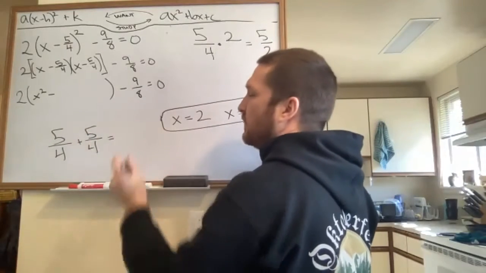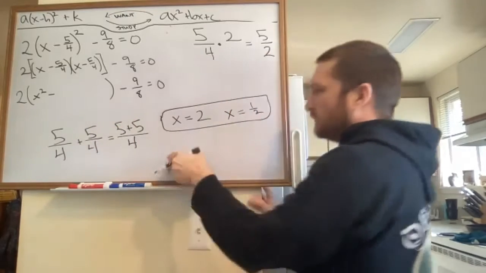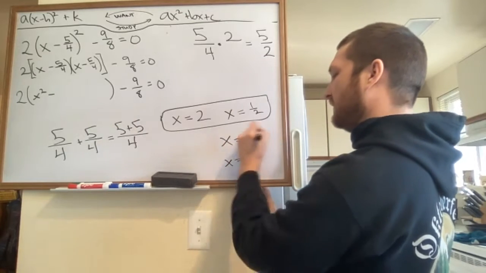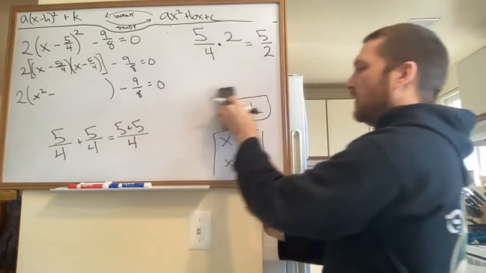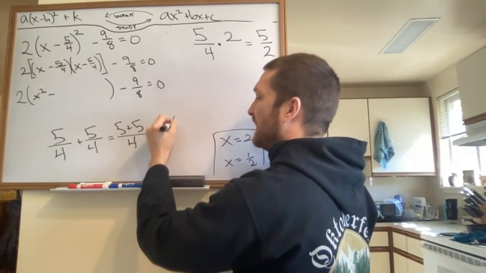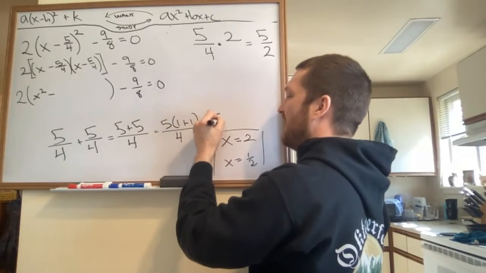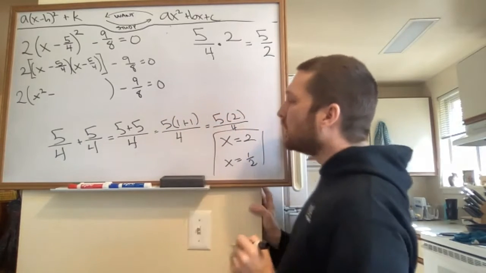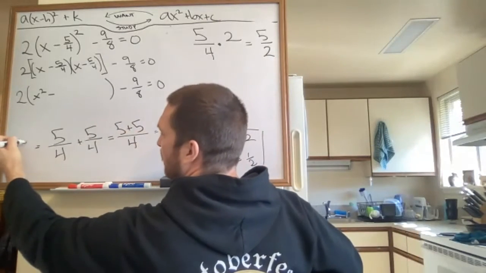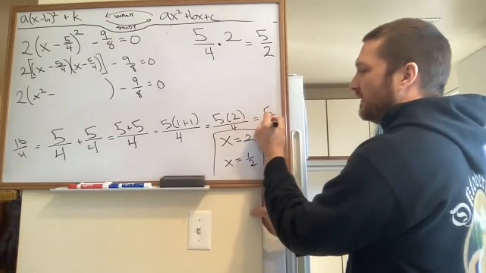Now let's just drive this point home. 5/4 plus 5/4 is the same thing as 5 plus 5 over 4. Oh, hey, look at that. That's the same thing as 5 times 1 plus 1 over 4, which is 5 times 2/4. But you also could have said, well, that's 10/4. 5 plus 5 is 10/4, which reduces down to 5/2.